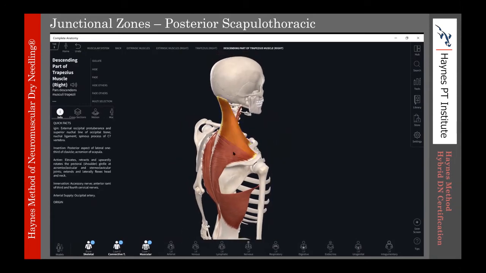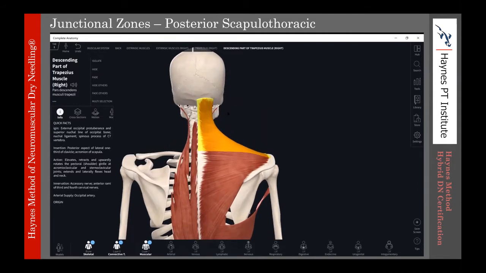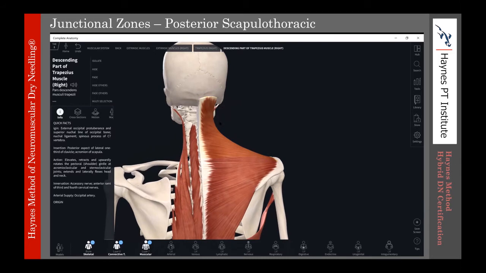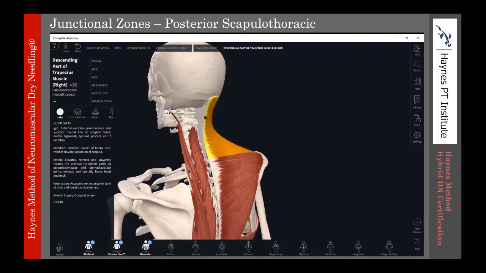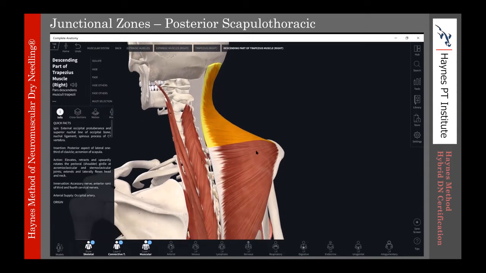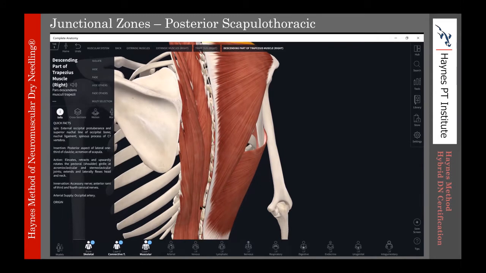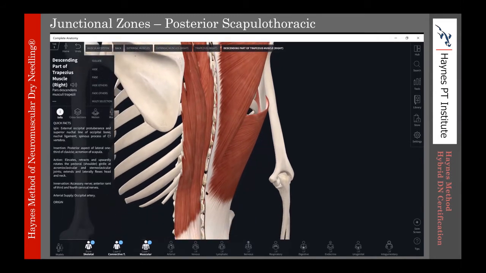With the upper trapezius, the origin is going to be the external occipital protuberance and the superior nuchal line of the occipital bone. It's also going to attach on the nuchal ligament, and it'll start with the spinous process of C7. As we move down with the middle and posterior fibers, we'll continue to attach to the spinous processes all the way down to T12.